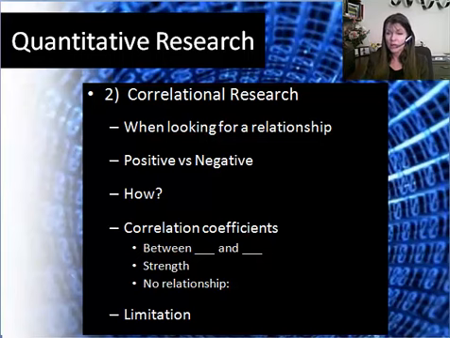Then you conduct a correlational analysis, and you hopefully remember that this produces a correlation coefficient, which is between what number and what number. And hopefully you remember that is a positive one and a negative one. So the closer to either end of that positive one or negative one ends of the scale, the stronger the relationship, right? So how would no relationship be indicated in your correlation coefficient?